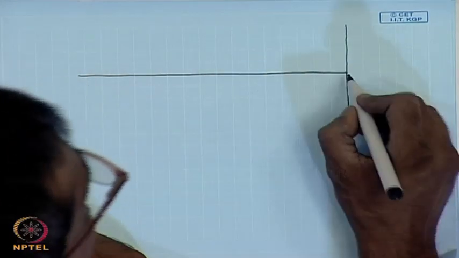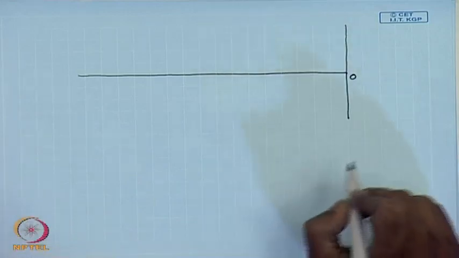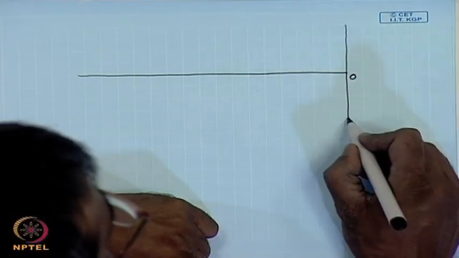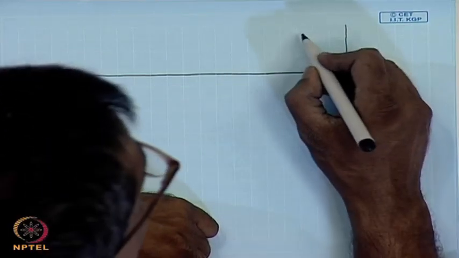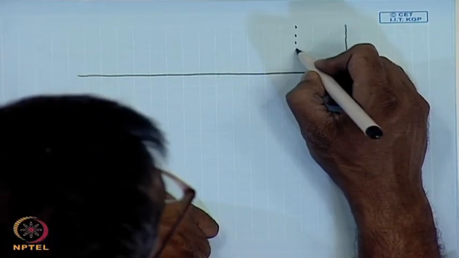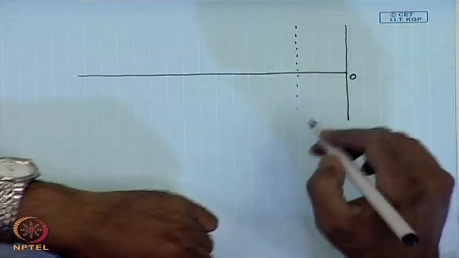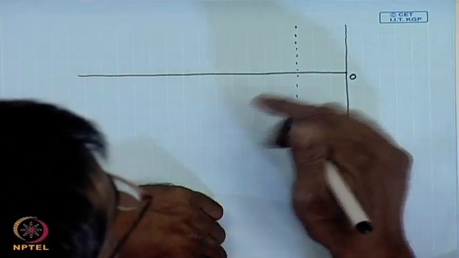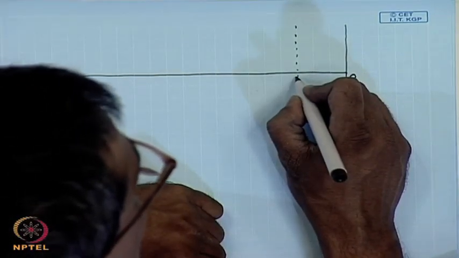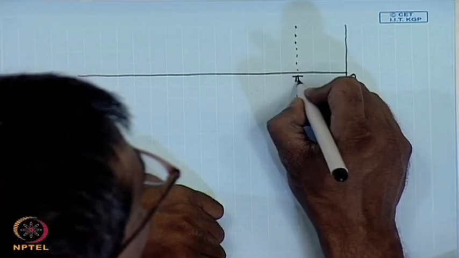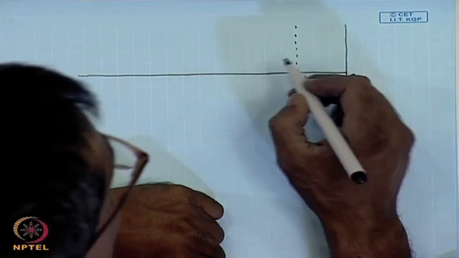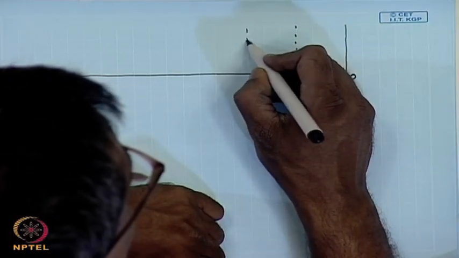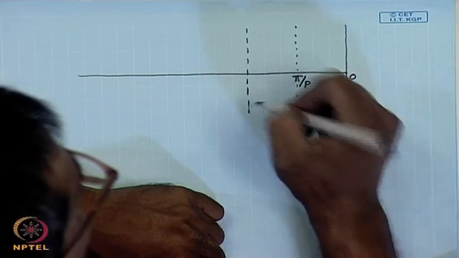Let us say this is my position 0. There are p number of poles. If this is the interpolar region, then the axis of the first north pole will be at a position pi by p. The next interpolar region will come at 2 pi by p.